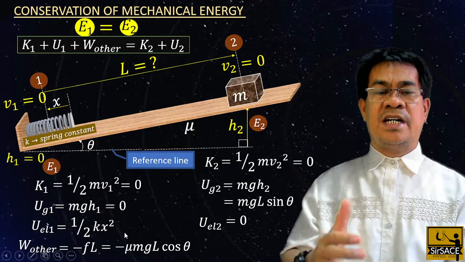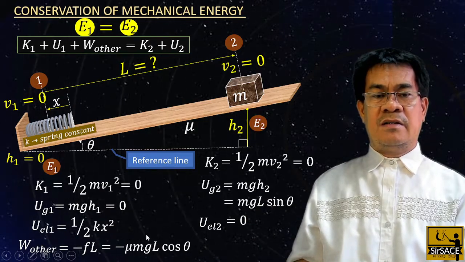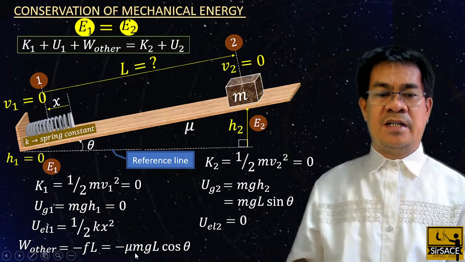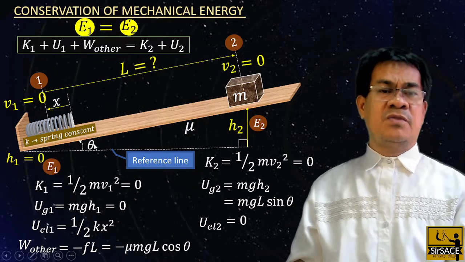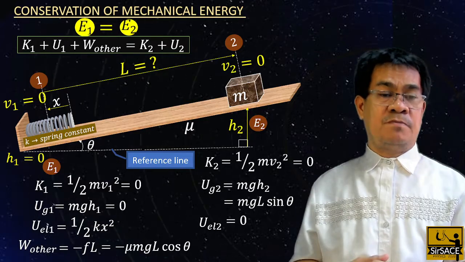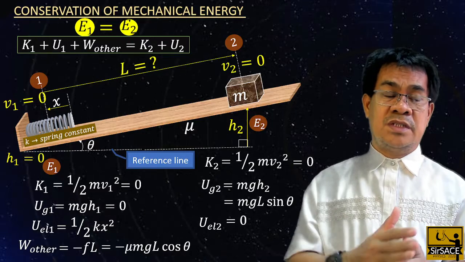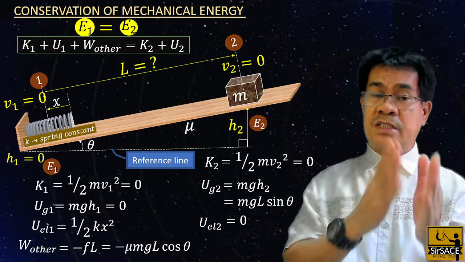This is the work done by friction, and this will be our work done by the other forces. There is no other force applied. Hence, we have friction. The reason why the particle stops at that point is because of that friction. And also the component of the weight which is parallel to the plane is also a factor why the particle stops at that point.